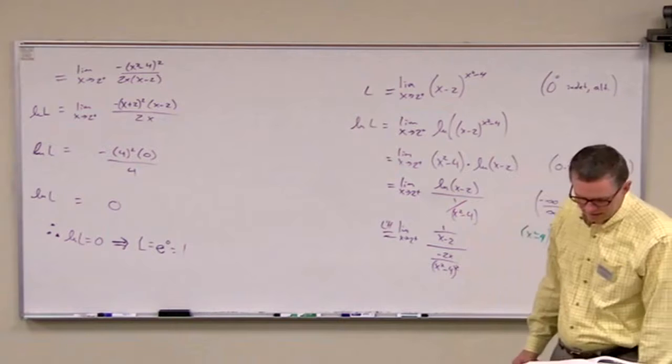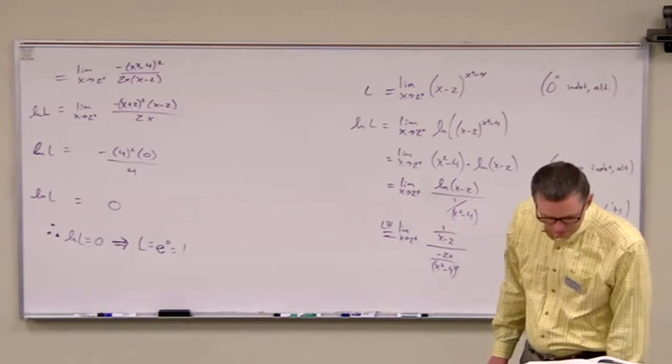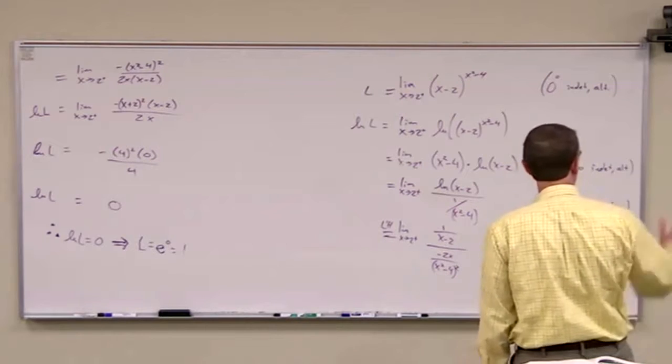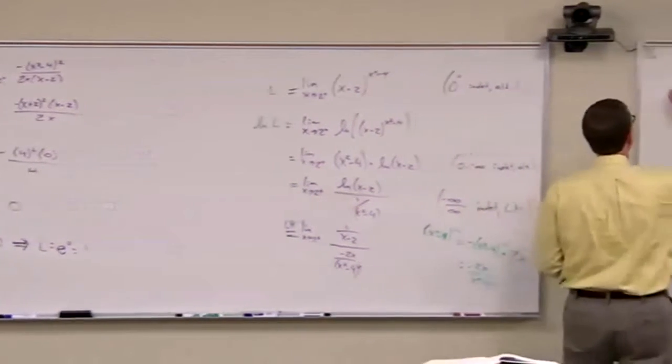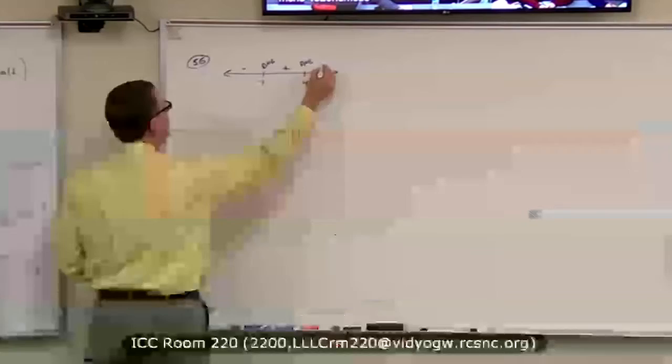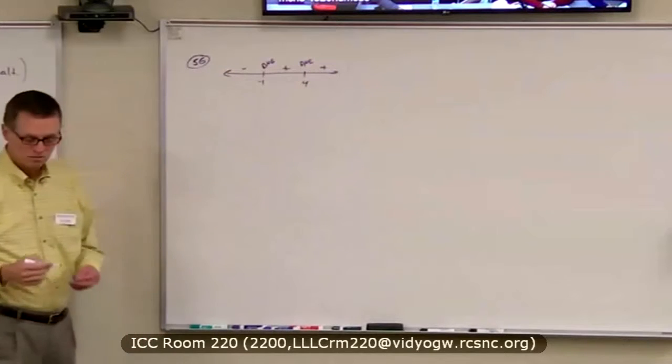Okay, so we've got -1 and 4 as the key points. We've got minus, plus, minus. And for 56, minus, plus, plus, is that right? Yeah.